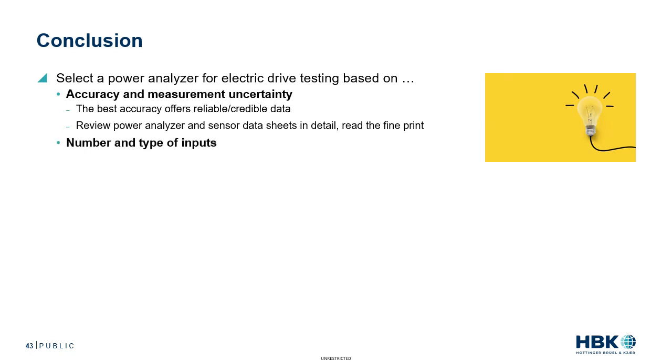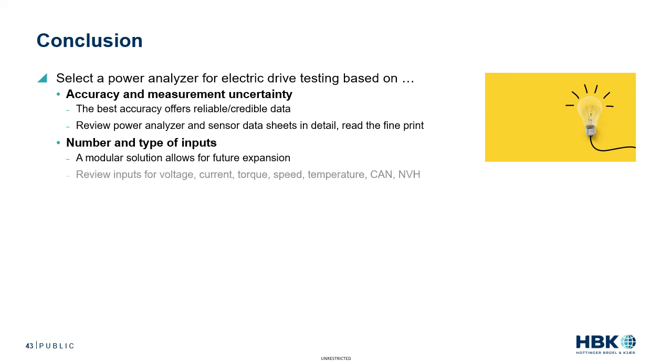You also need to identify the number and type of inputs needed for your particular application, not only for today, but for future expansion, and a modular solution becomes very important. You want to be sure and review the inputs for voltage, current, torque, speed, temperature, CAN, NVH, and whatever else you may be recording.